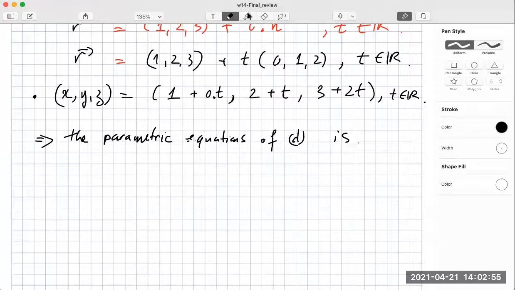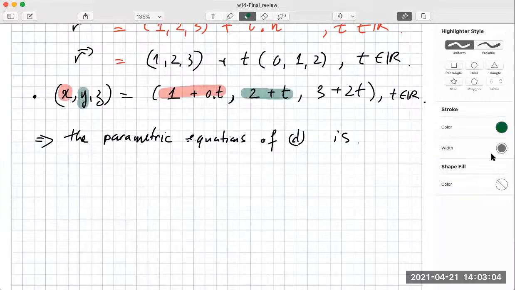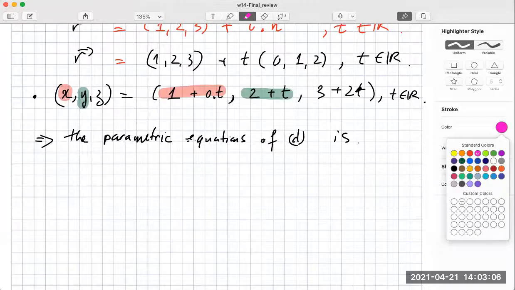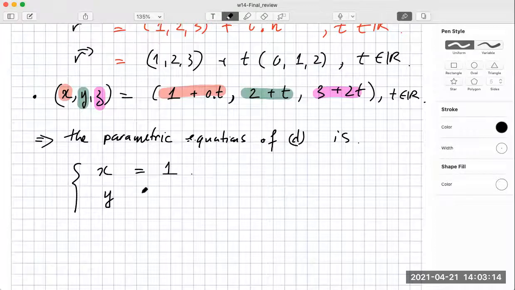X will be equal to this. Y will be the second. Z will be the third one here. Right, that is why we have this guy, 3 to t, right?